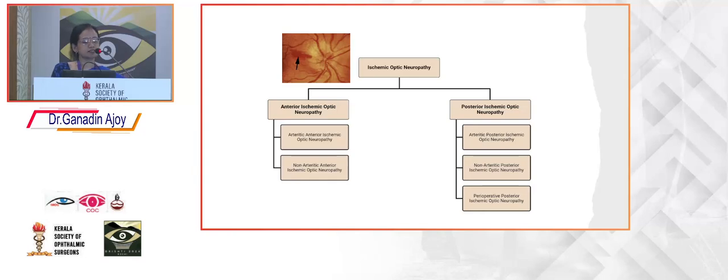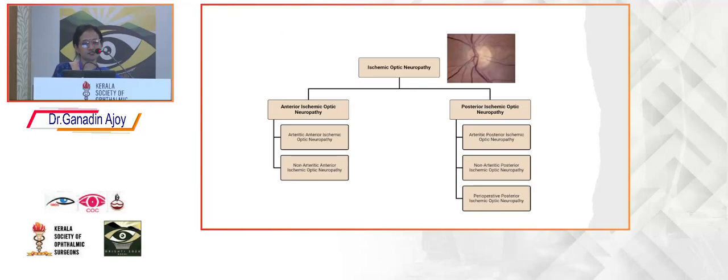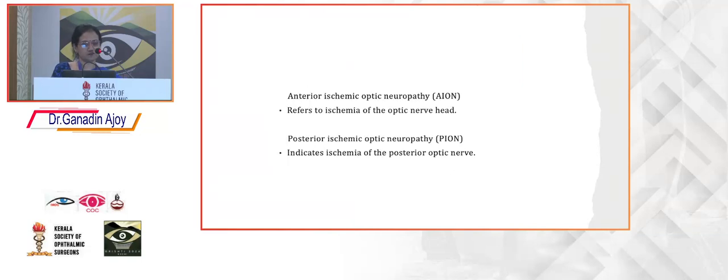The presence of disc edema points to it being an anterior one. It can be arteritic or non-arteritic, and absence of disc edema can point to a posterior, which can be arteritic, non-arteritic, or perioperative. Anterior ischemic optic neuropathy refers to ischemia of the optic nerve head, and posterior or PION refers to ischemia of the posterior optic nerve.